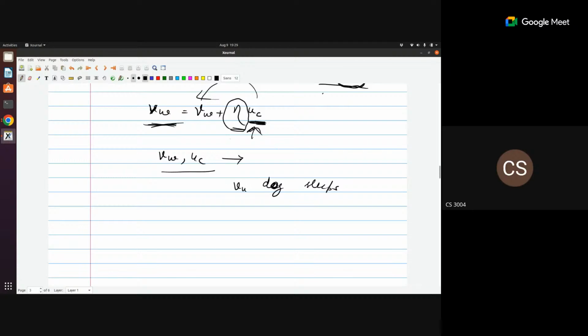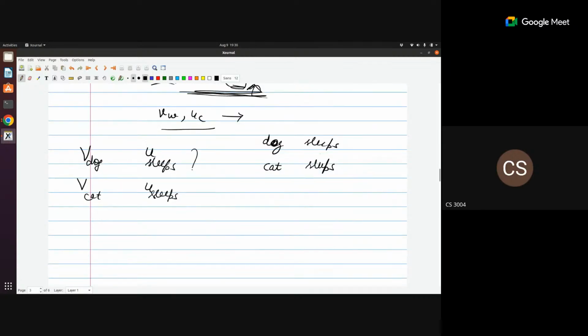Let's take two examples. Word is dog, context is sleeps. Another example, let's say the word is cat and the context is again sleeps. This is what we're given. So when we keep applying a rule like this, eventually the vector V of dog becomes closer to vector U of sleeps, and the vector V of cat comes closer to vector U of sleeps.